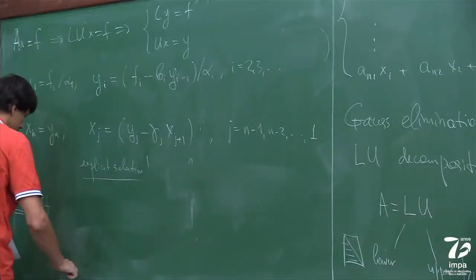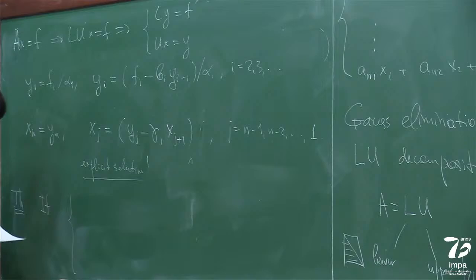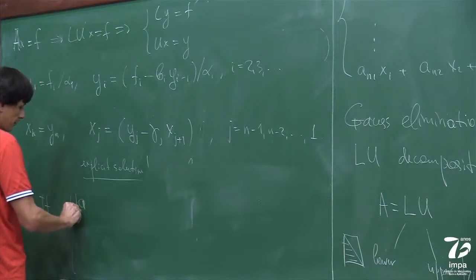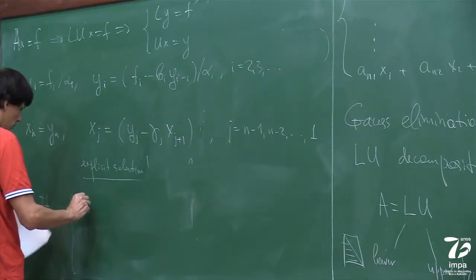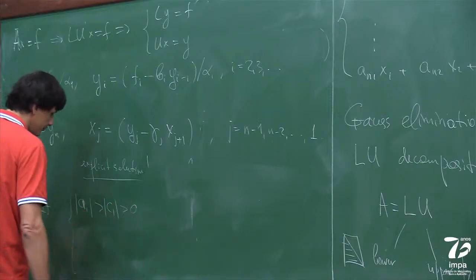So if we have a collection of conditions. So for the first component, for the first row, we only have A, right? So we take A1 should be bigger than C1, bigger than 0.